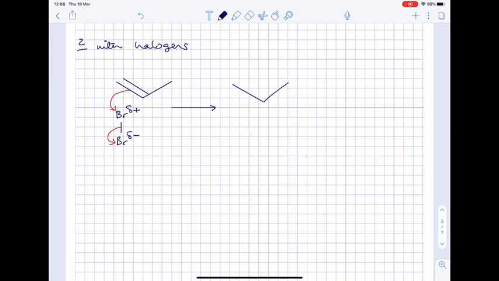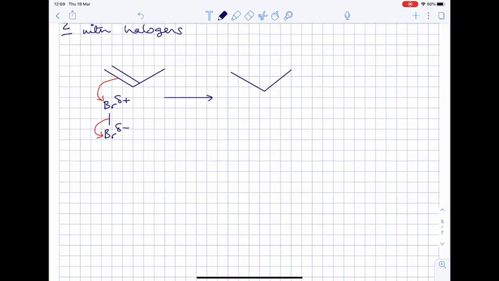Okay, so we've lost the pi bond, and the bromine can be added onto this carbon or this one. In this case it doesn't matter, because the next step will be a bromine added to the other carbon, and we get the identical product. So I'm going to put the bromine here.